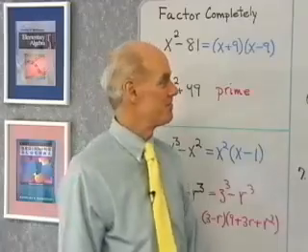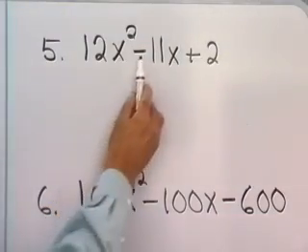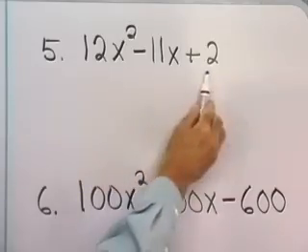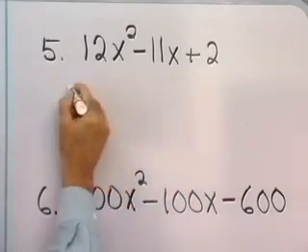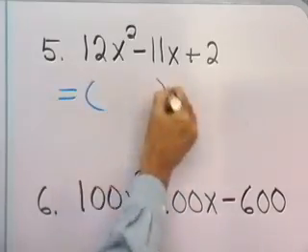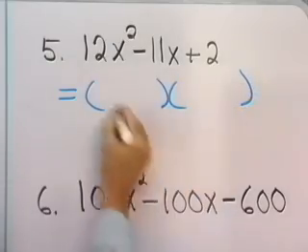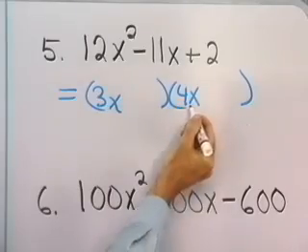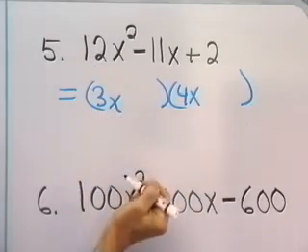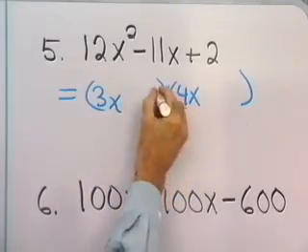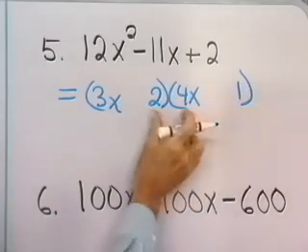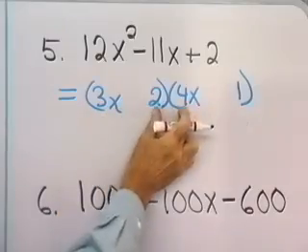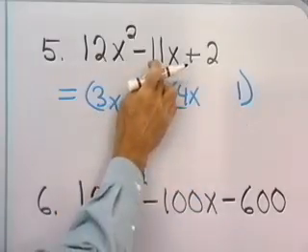Here's the next problem. Problem 5 is a trinomial. I notice that there's no greatest common factor other than 1 for these three terms. Trinomial, I'll try factoring by my trial and error method. Let's try 3x and 4x, because 3x times 4x is 12x squared, and then my 2, if I put the 2 here and the 1 here, inside I have 8x, outside I have 3x. 8x plus 3x is going to give me 11x.